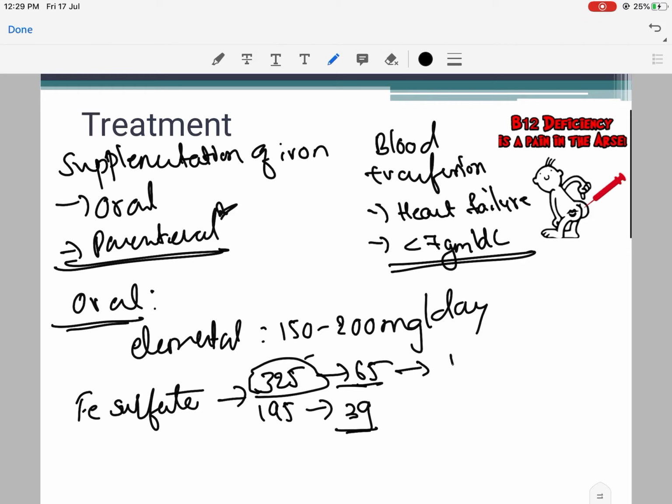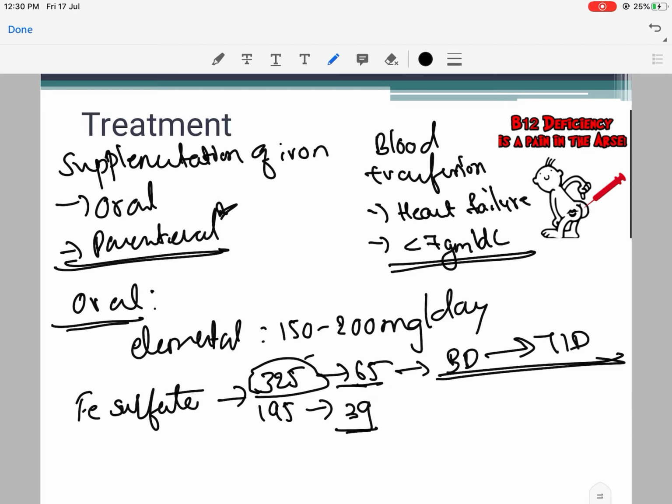So you start with BD and reach TID doses. Now many people develop gastritis because of this. Generally iron is given on an empty stomach because food inhibits its absorption, but when you start iron on an empty stomach, most people develop gastritis and dyspepsia.